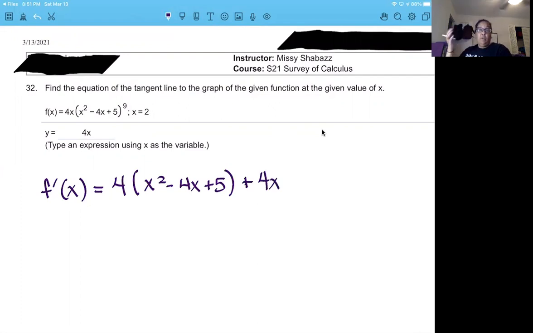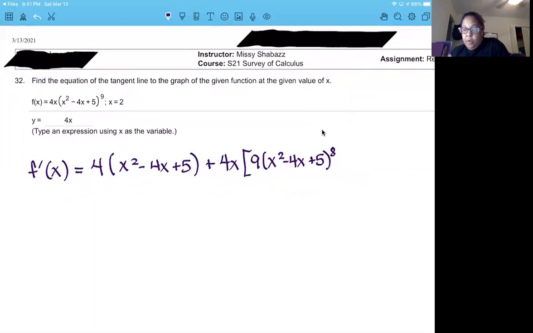We're going to use the chain rule or the extended power rule. You bring the 9 down, subtract 1 from the exponent, then take the derivative of the inside. The inside is x squared minus 4x plus 5. The derivative is 2x minus 4.